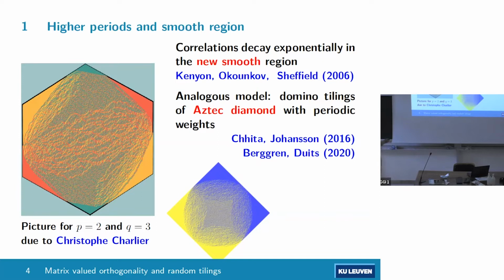There's also work by Bergen and Duits and others, and there you find this smooth region in the middle. This Aztec diamond is a similar model to the hexagon, and the things I want to do are motivated by what one can do for the Aztec diamond.